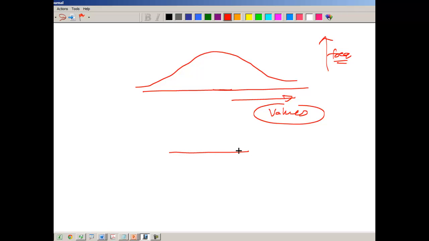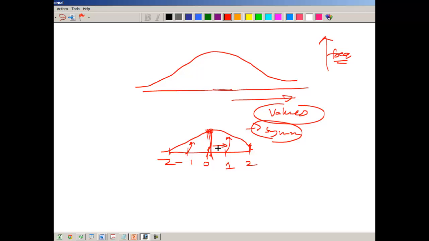Now think about writing the values 0, with its frequency, then 1, 2, then minus 1, minus 2. If I draw it like this, the values look symmetrical around 0. This is your symmetrical distribution, where the frequencies of 1 and 2 and of minus 1 and minus 2 are equally distributed around the mean. Equally distributed means skewness equal to 0.